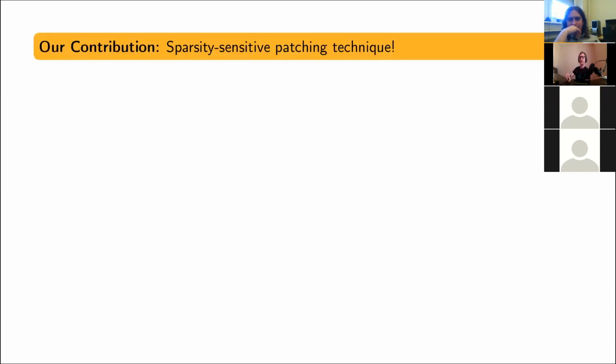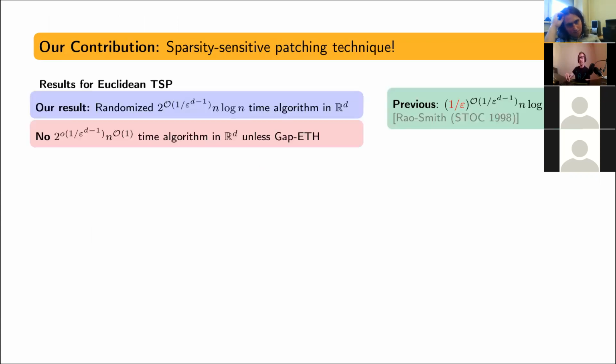So to summarize our results, we give a very nice new technique that we call sparsity sensitive patching. I will explain later what it is. And for Euclidean TSP, we give a randomized 2 to the 1 over epsilon to the d minus 1 n log n time algorithm in d dimensions.